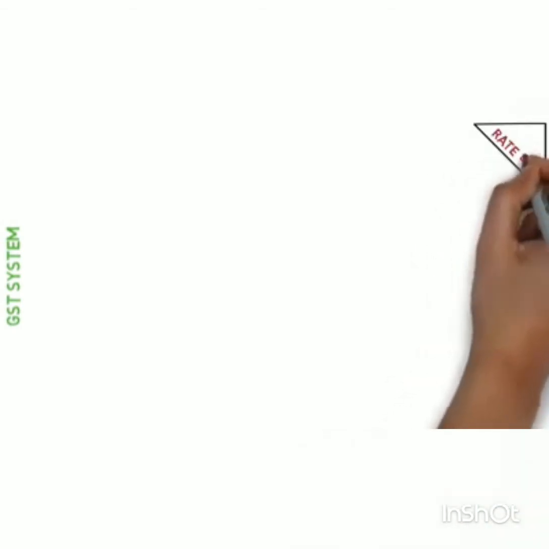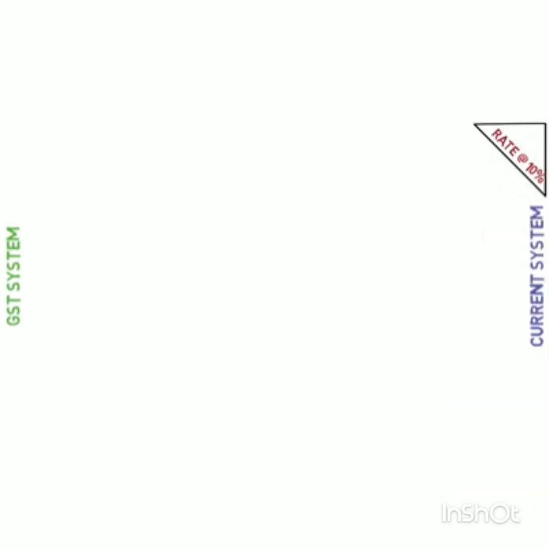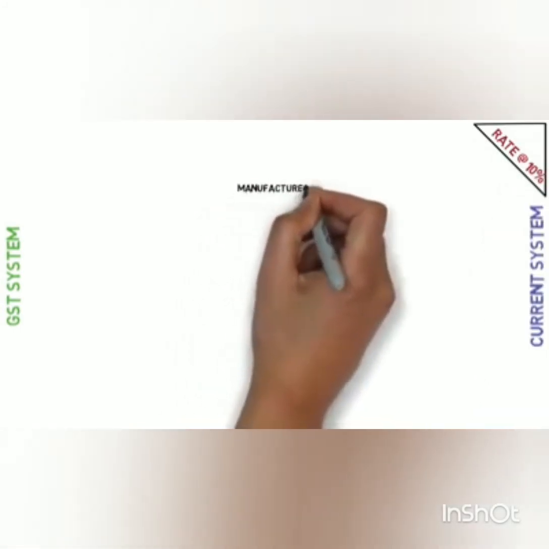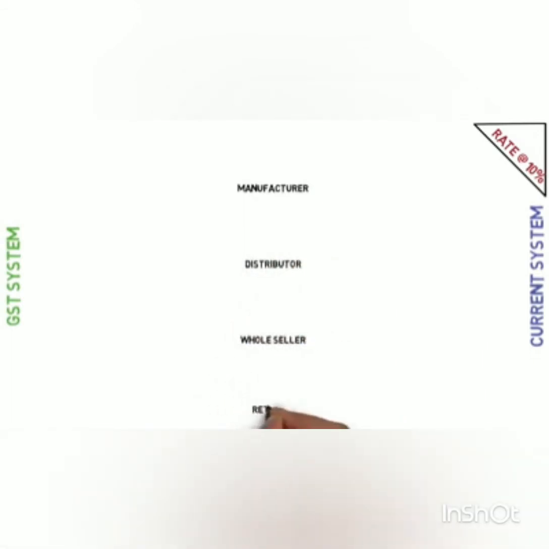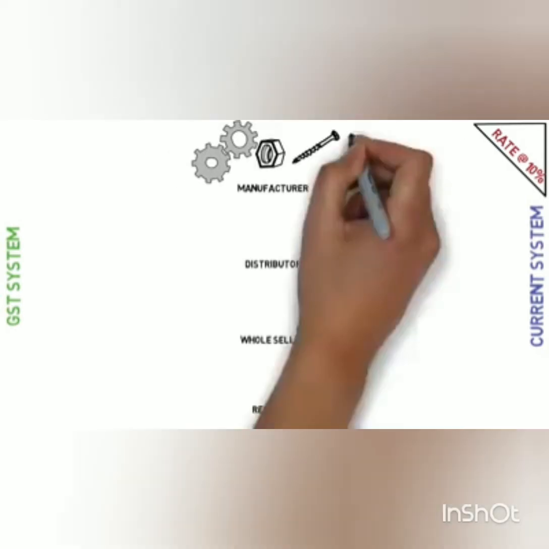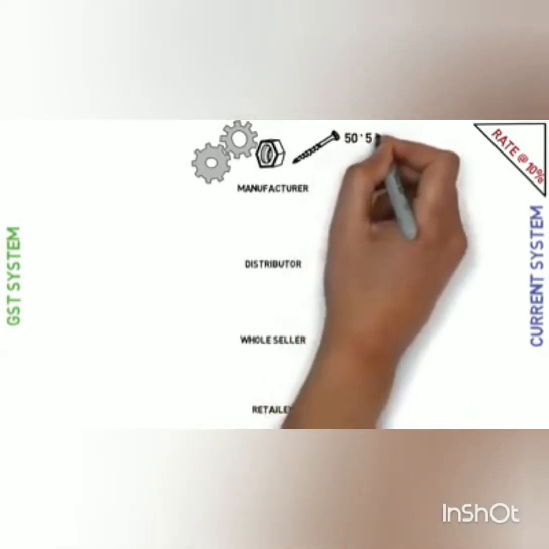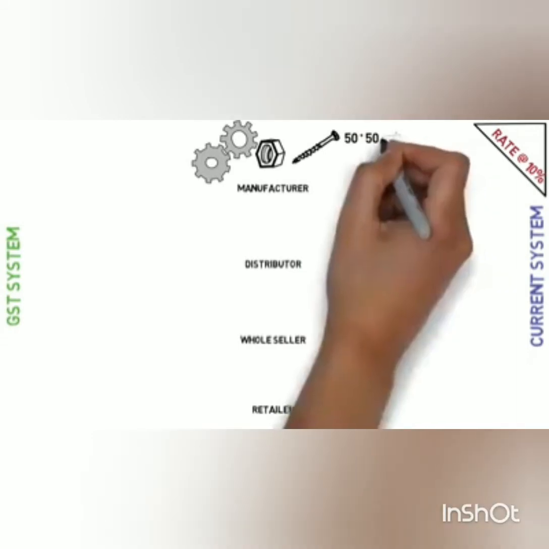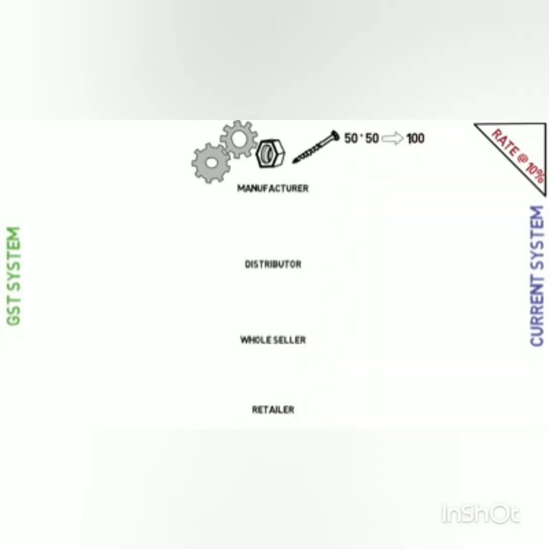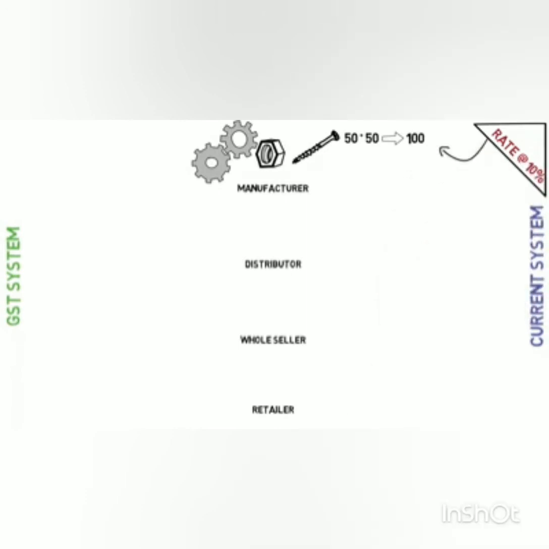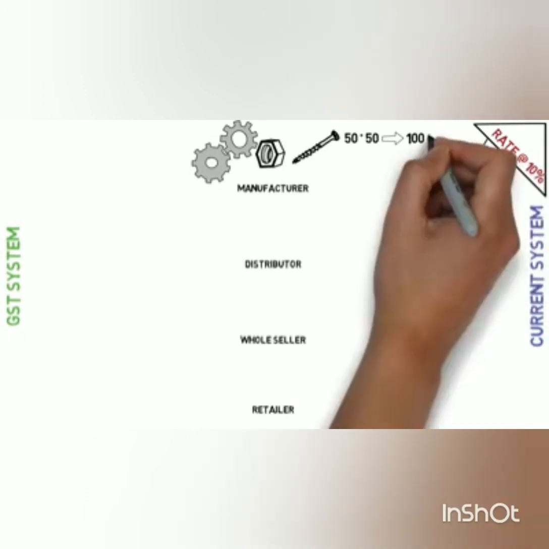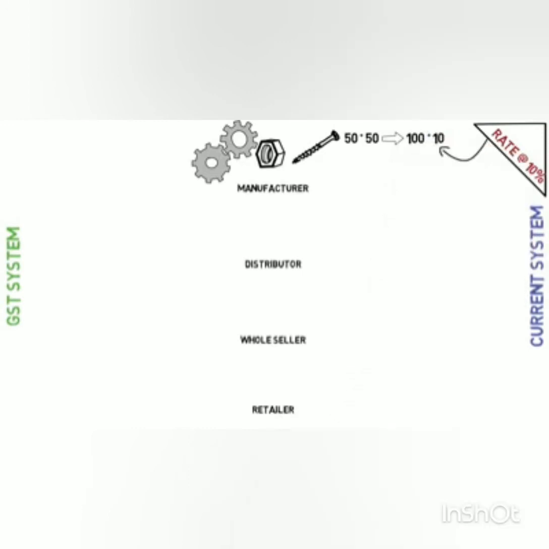Consider a simplified tax rate of 10% at each level. There are generally 4 levels: manufacturer, distributor, wholesaler and retailer. The manufacturer buys raw material of, let's say, 50 rupees, and manufactures the product, which adds 50 rupees of value to it. So the product becomes 100 rupees. For selling this product, he needs to pay 10% tax, which is 10 rupees.